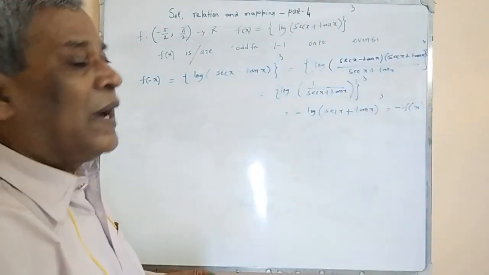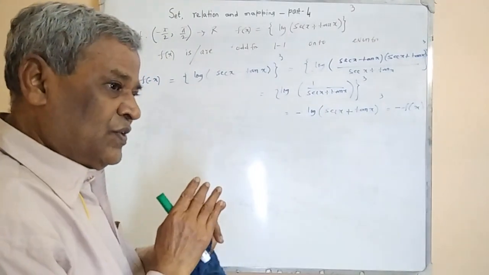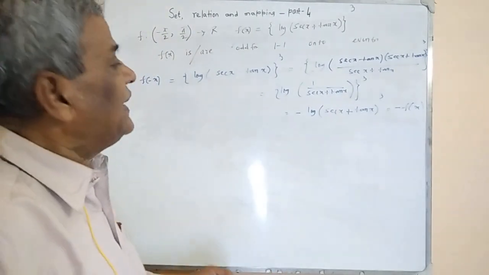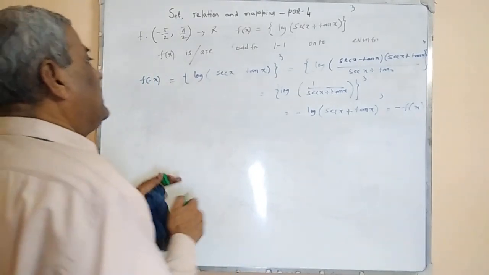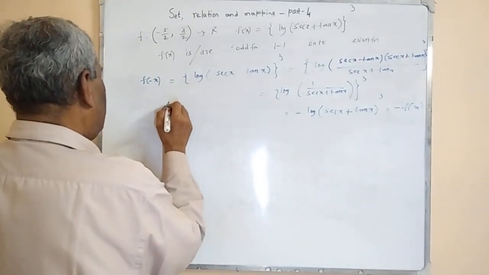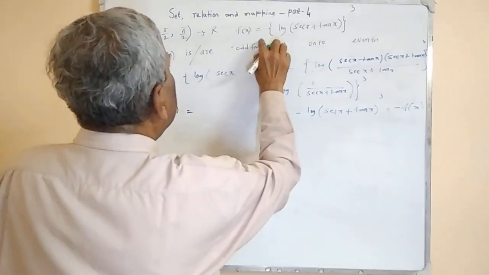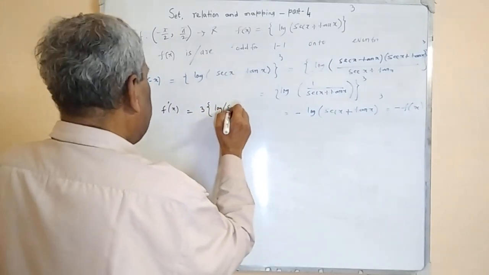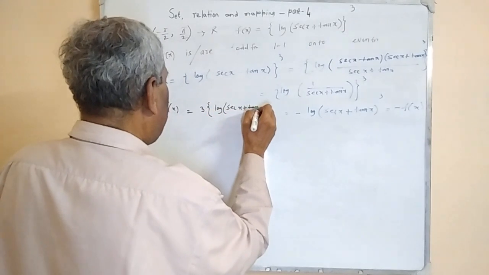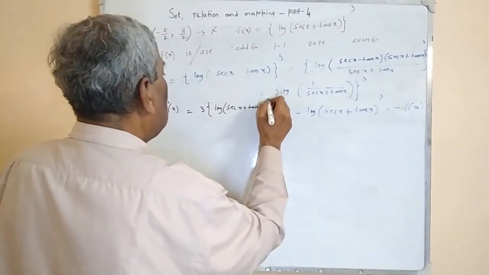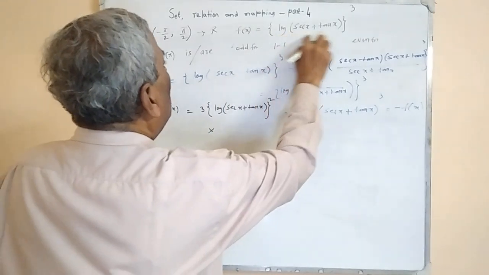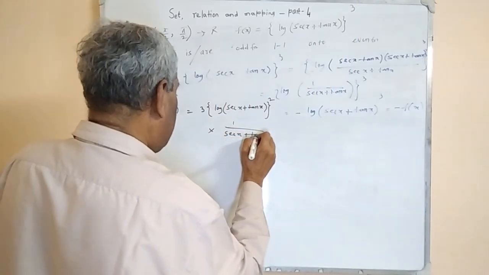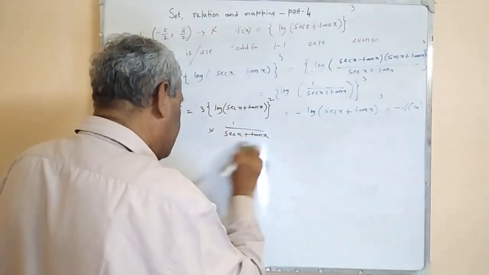To find whether it is one-one, if the function is actually an increasing function or decreasing function, then it is one-one. For that purpose, f dash x, where f(x) is this, is 3 into log of (sec x plus tan x) whole square into log of this derivative, that is 1 upon (sec x plus tan x) into derivative of that.